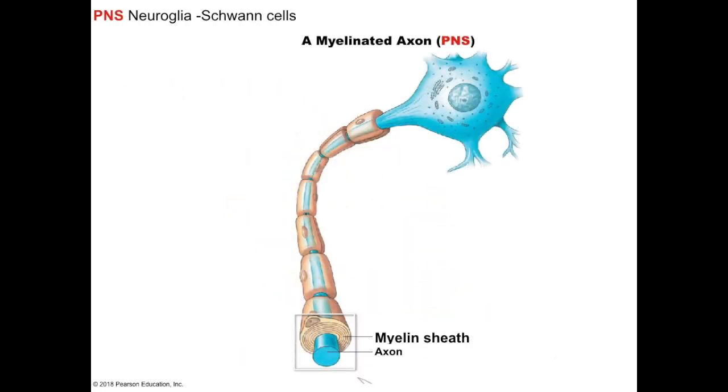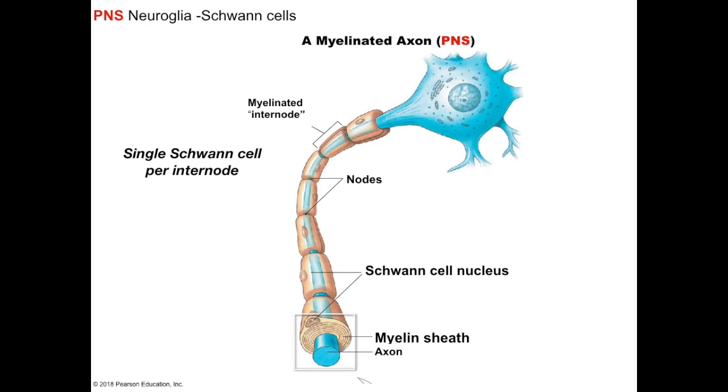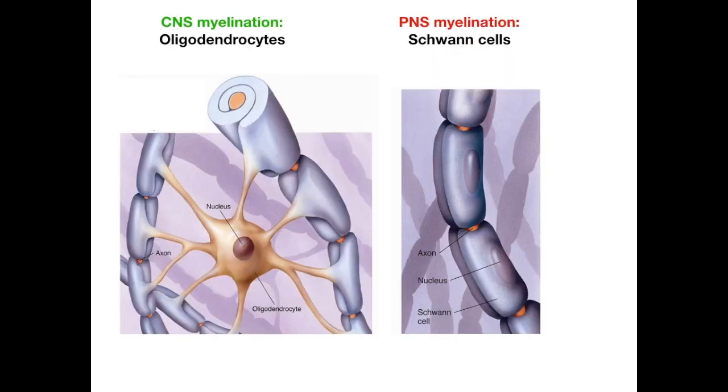Here we see the nodes between the sections of myelin, and again those sections are called the internodes. Notice that each internode is actually an individual Schwann cell that makes up that segment. This is in contrast to myelination of axons in the central nervous system, where oligodendrocytes may cover a few sections of multiple different axons.